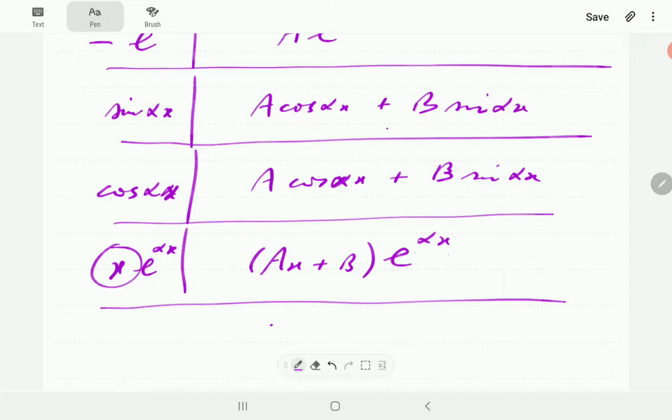All right, so that's the guidelines on how we find the particular solution. Now let's look at some examples, and then we'll take it from there.